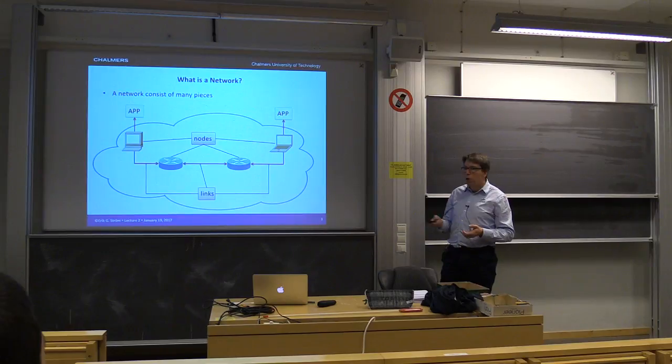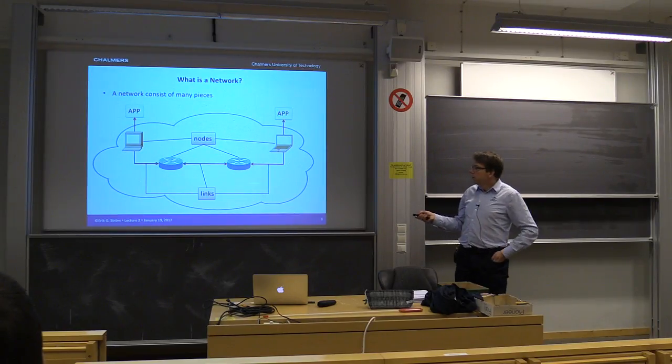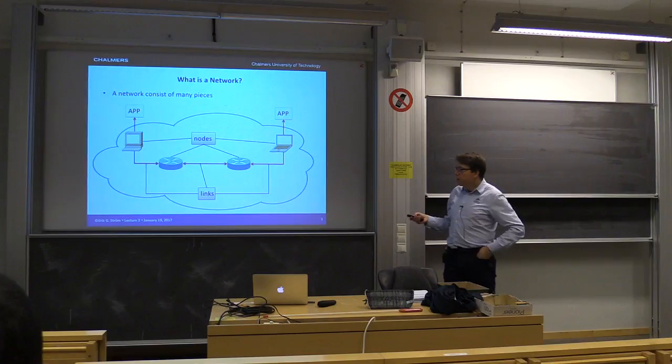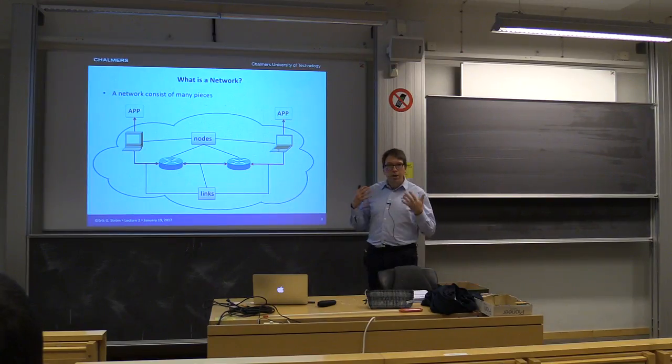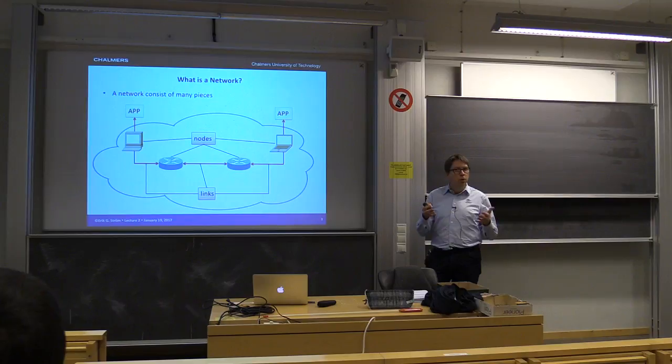And then there are links interconnecting these nodes. And this could be quite complicated, what's inside here. However, how things are structured to make it useful is to abstract the details as much as possible, such that the applications can work without knowing the inner details of the network.